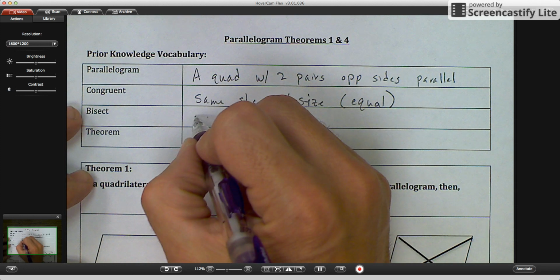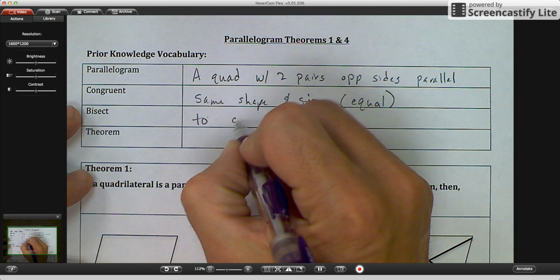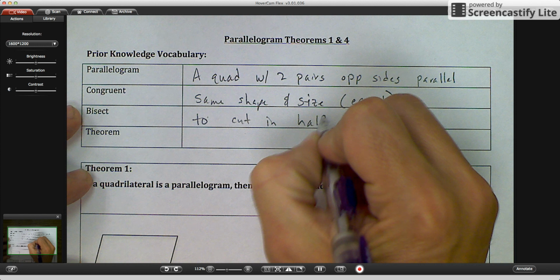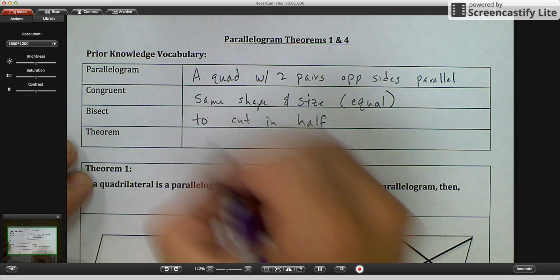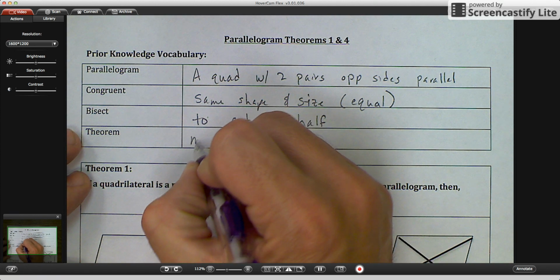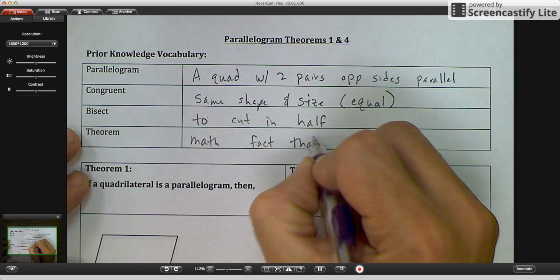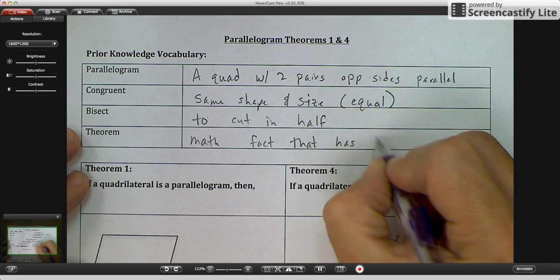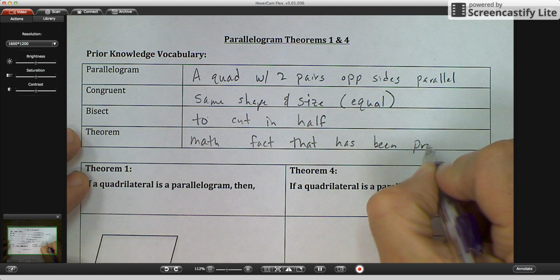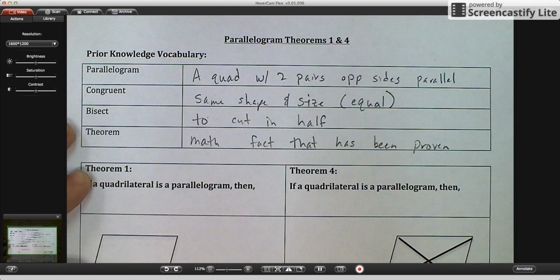Bisect means to cut in half. We're going to use that word today. And a theorem. A theorem is a math fact that has been proven. Okay? So let's get started.